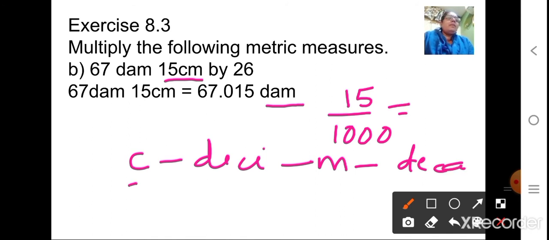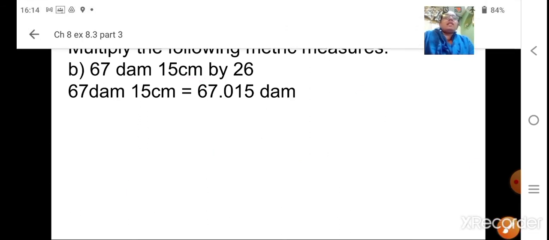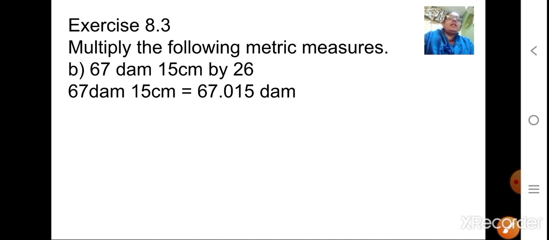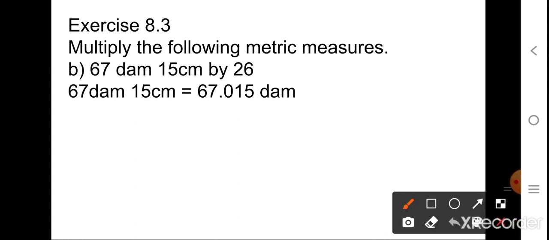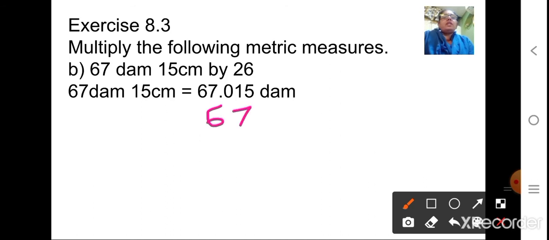So your answer will be 0.015. So 67 decameter and 15 centimeter, using the decimal point, you will write as 67.015 decameter. Now write the number using the decimal point and then multiply it like how you usually multiply the number.